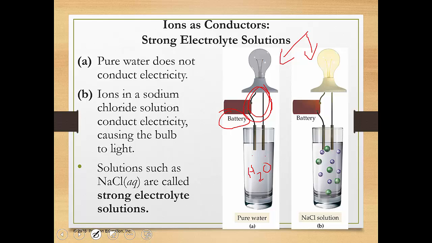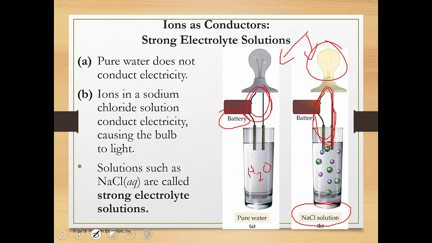Now, if I take that same setup and I put it into a sodium chloride solution, table salt, so salt water, I now have ions, positives and negatives, that can act to carry the charge across the leads and create a circuit. And when I complete that circuit, then I will see the light bulb start to glow.